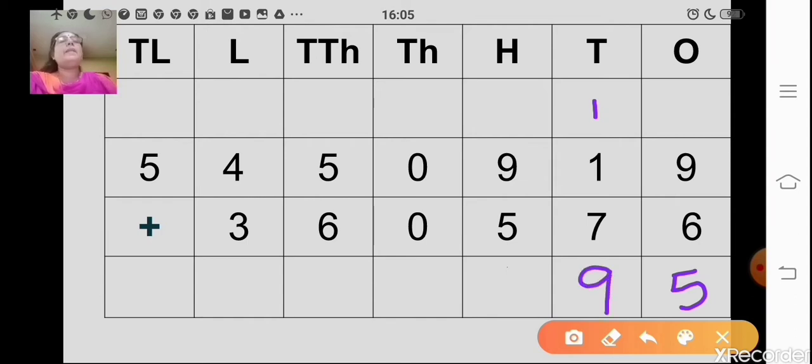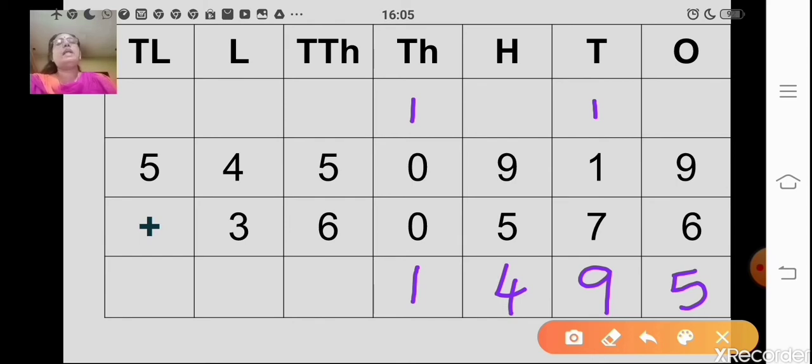Now 9 plus 5 in the hundreds place is 14. 1 carry over to the thousands place. Now in the thousands place, both the numbers are 0. So 1 added to 0 will give you 1.